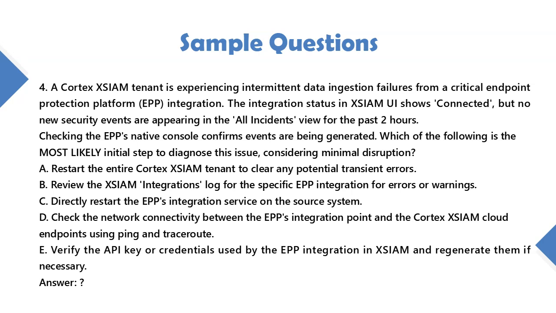D. Check the network connectivity between the EPP's integration point and the Cortex XSIAM cloud endpoints using ping and traceroute. E. Verify the API key or credentials used by the EPP integration in XSIAM and regenerate them if necessary.